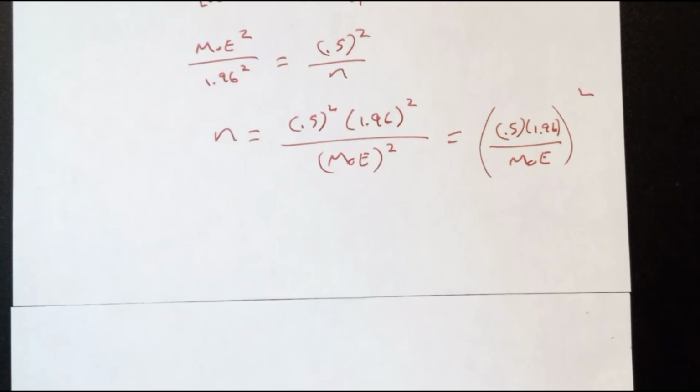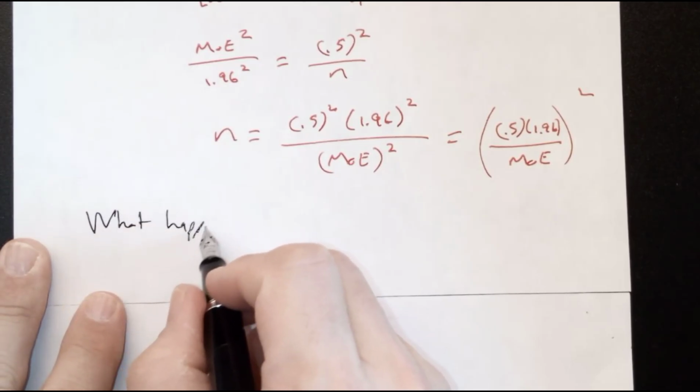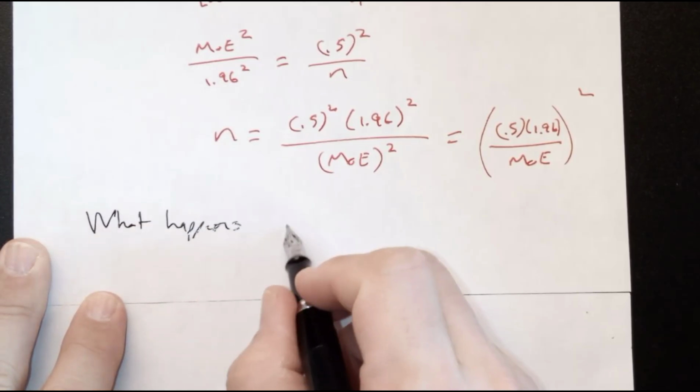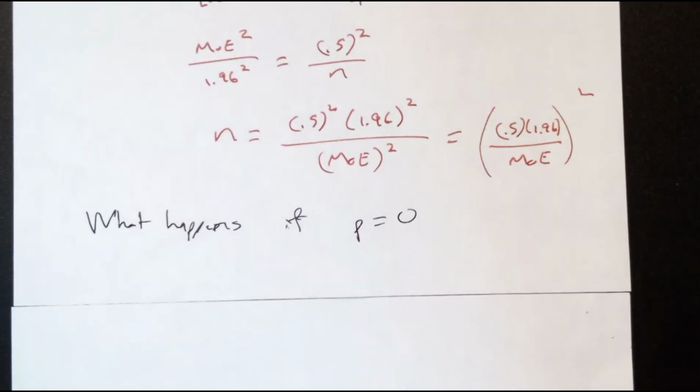So let's say you do this particular experiment and you don't get any successes at all. What happens? If your sample proportion is actually 0, you asked a survey and nobody said yes.